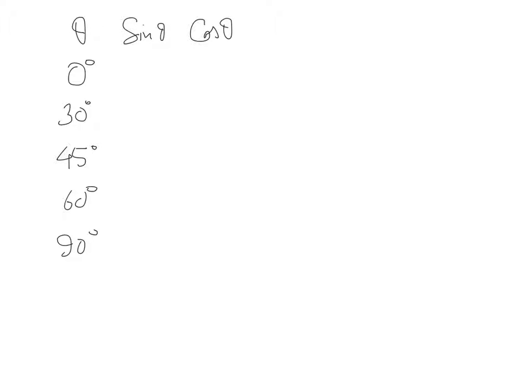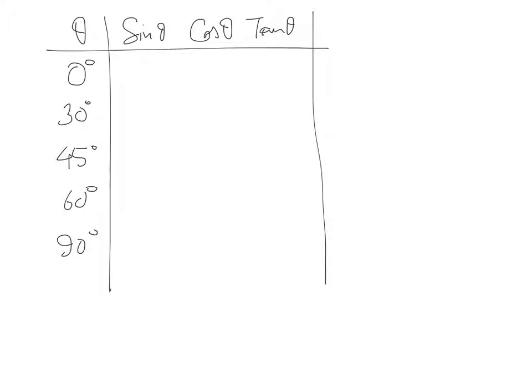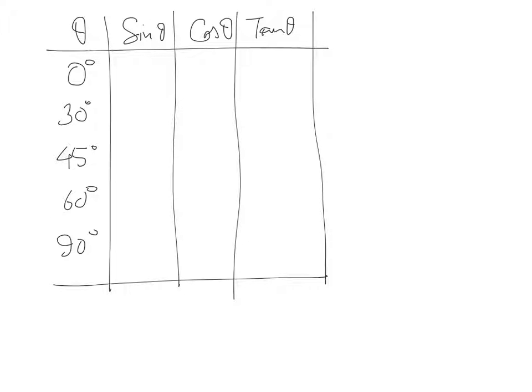So we will write possible values of theta here: 0 degrees, 30 degrees, 45 degrees, 60 degrees and 90 degrees, and we will calculate sine theta, cos theta and tan theta for these values of theta. Let's draw a neat table so that it becomes clear when we write it.